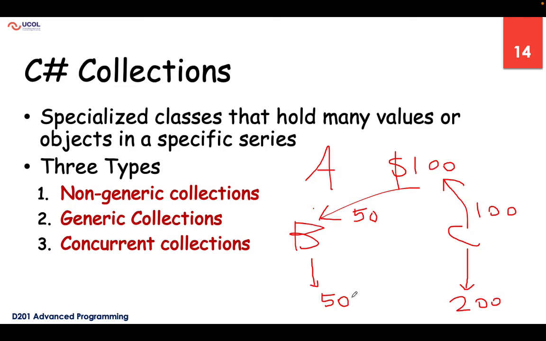Now if this one is executed first, the balance becomes 50, and then the other process finishes and updates the balance, which becomes 200. So in this case you can see that the balance should be 150, not 200, because we subtract 50 and then add 100.